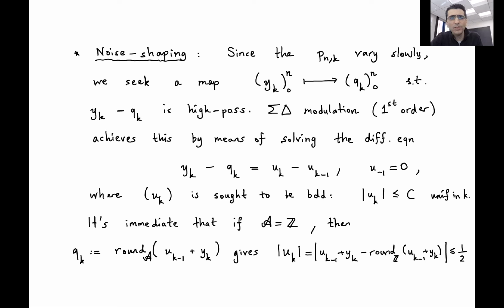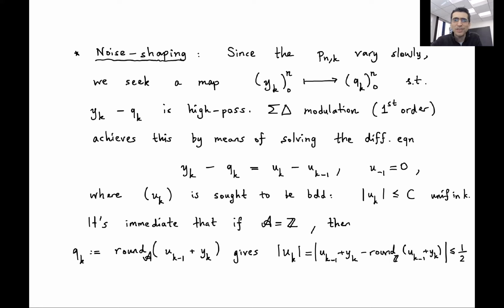Okay, so how do we use this correlation? We're still discussing why these approximations work and how they work. These Bernstein basis polynomials vary slowly as we change k. So what we do as a result is we look for a way to map the sequence of coefficients in the approximating polynomial, these are real values, into a sequence of quantized values such that their difference is high pass, because what they're going to multiply is a slowly changing sequence.